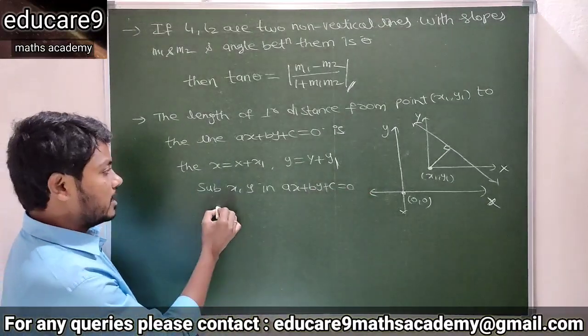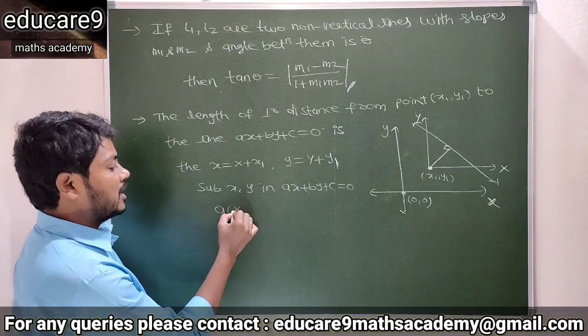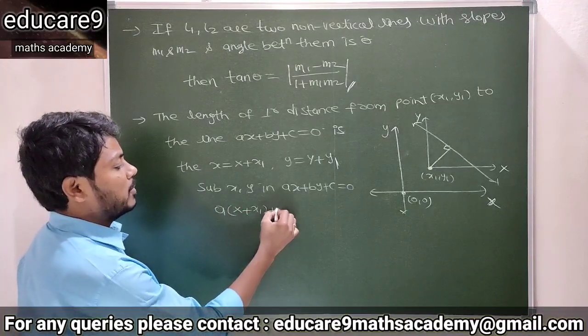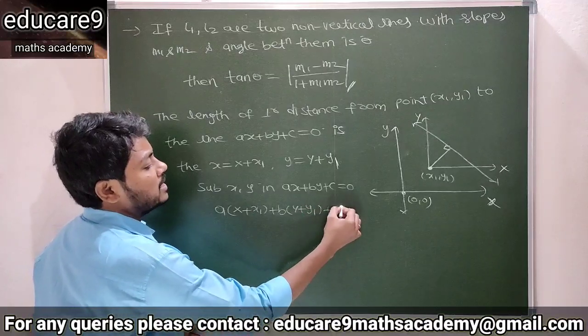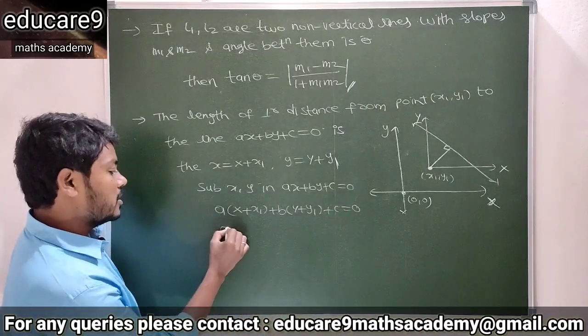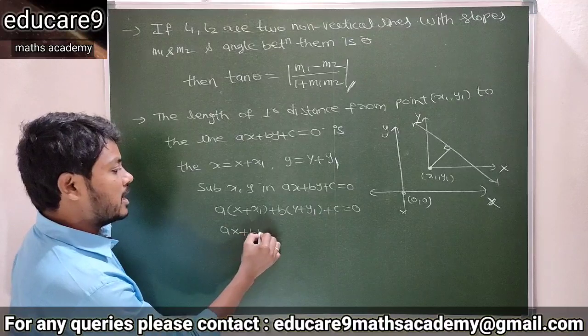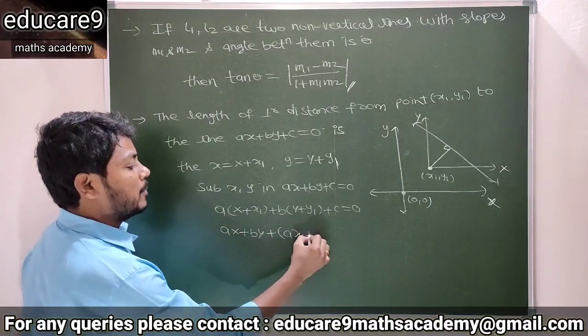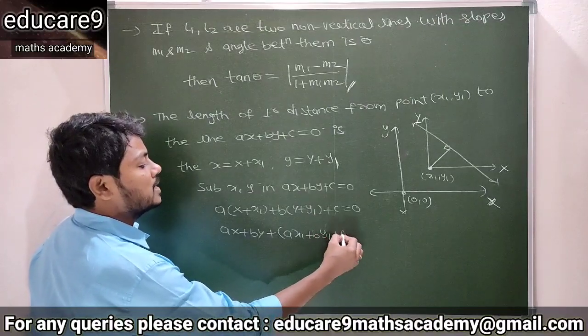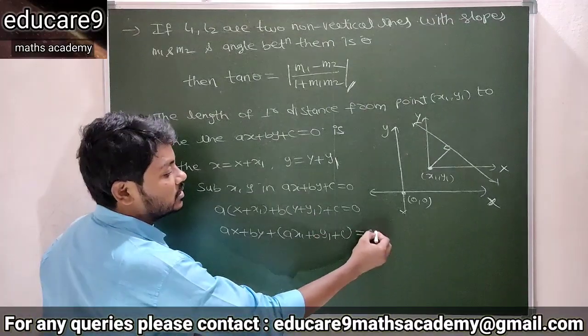So what you get? A into capital X plus x1 plus b into capital Y plus y1 plus c is equal to 0. So aX plus bY plus ax1 plus by1 plus c is equal to 0.